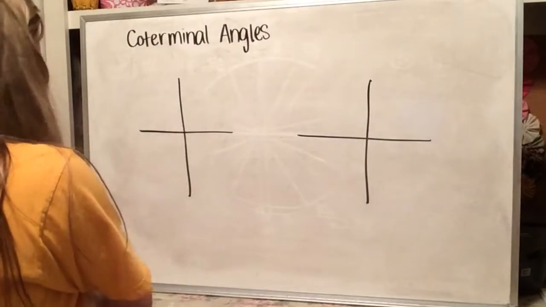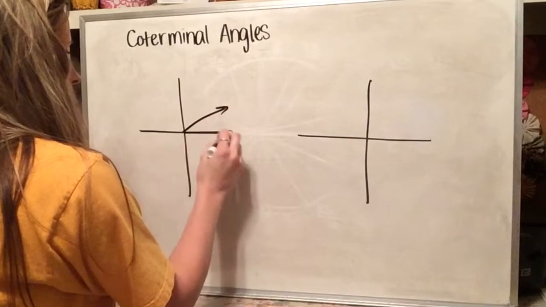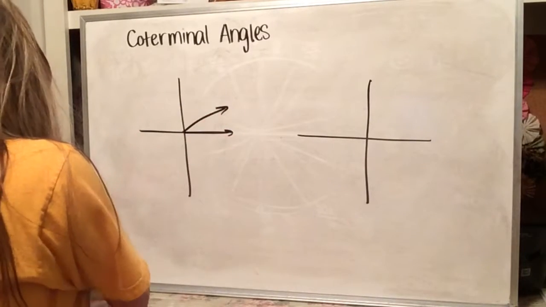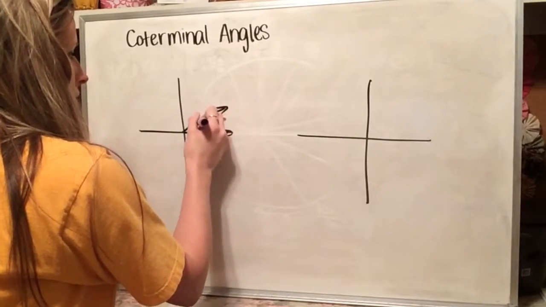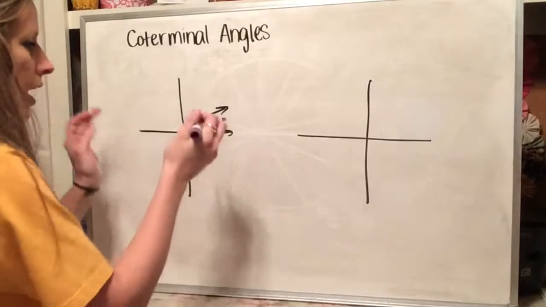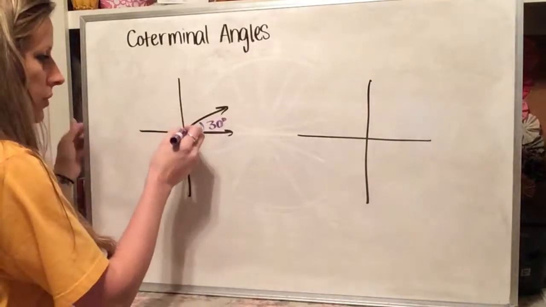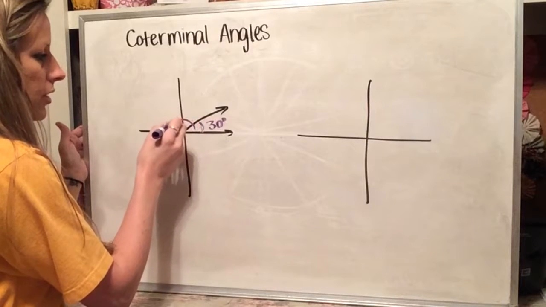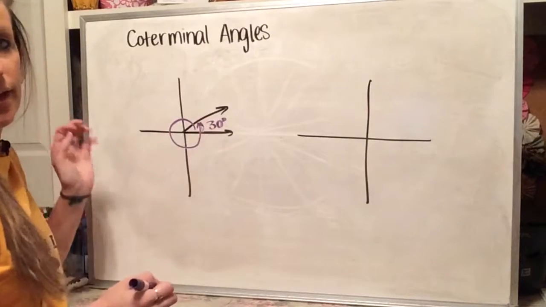So they have an angle on your notes that looks like this, right? Let's just say it's 30 degrees. That looks close to 30. Okay, if I want to find a coterminal angle, I'm still going to start out with the same initial side. Okay, I'm going to keep going around until I hit that terminal side again.